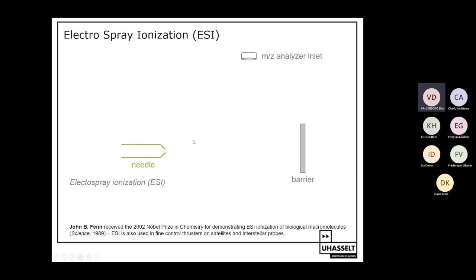Let's have a close-up look at this needle here. So we have indeed peptides that arrive in our needle. There is a high voltage spanned between the needle and the inlet of our mass spectrometer. And we also have a barrier, right?